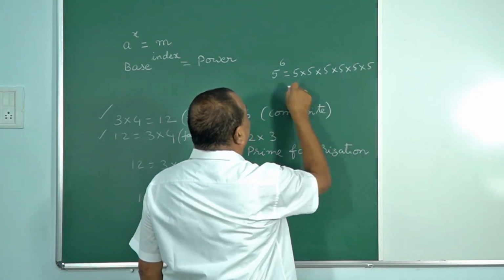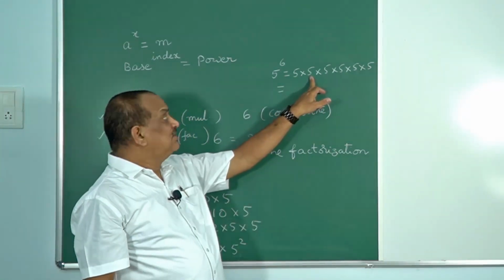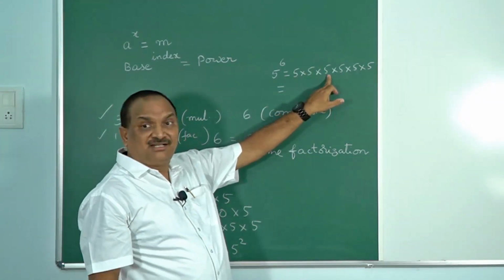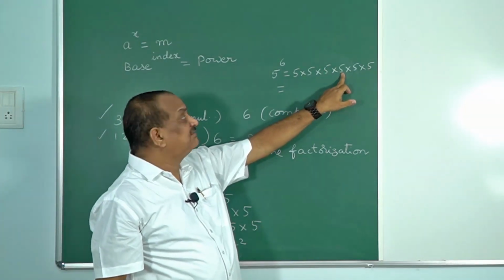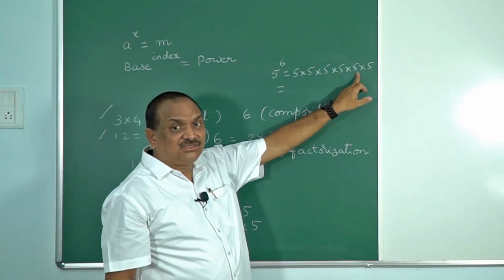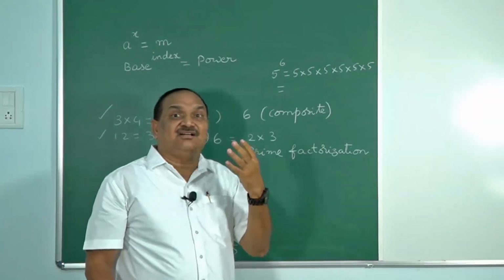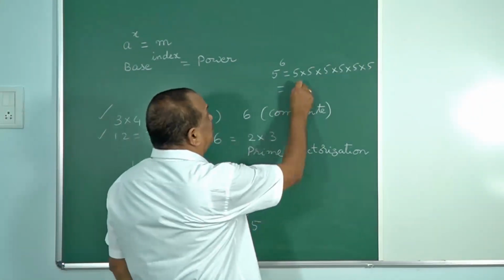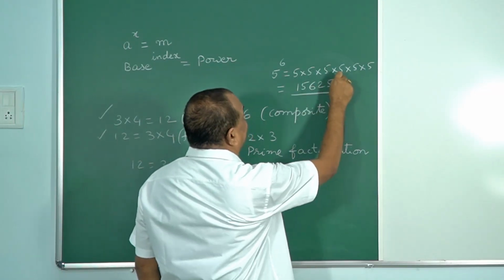And this is going to be a huge number, of course. 5 times 5 is 25. 25 times 5 is 125, 125 times 5 is 625, 625 times 5 is 3125, and multiplied by 5 is 15,625. That's a huge number.